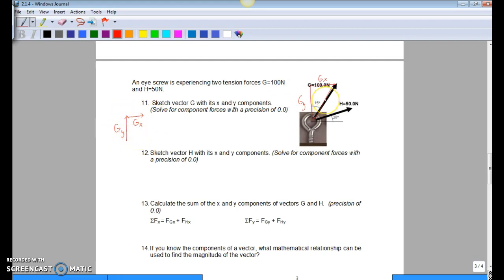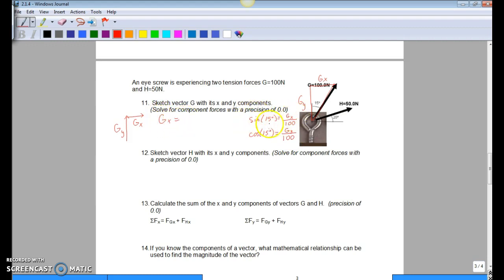To find Gx, we use sine of 15 degrees, and cosine. So we're looking for G of x.